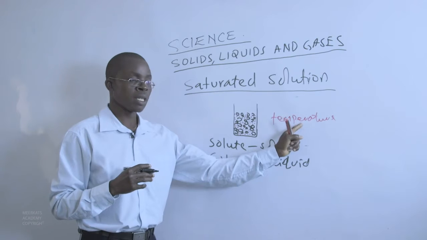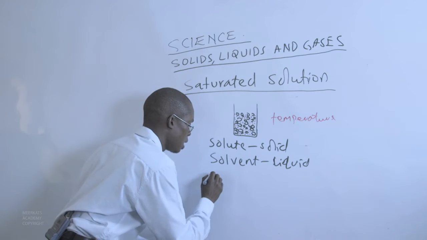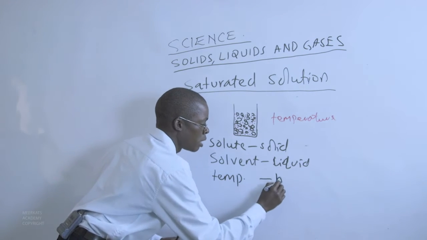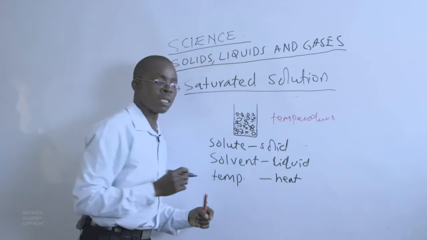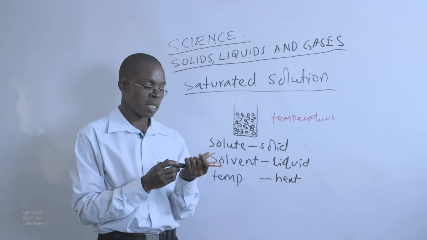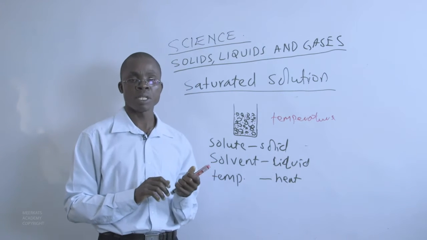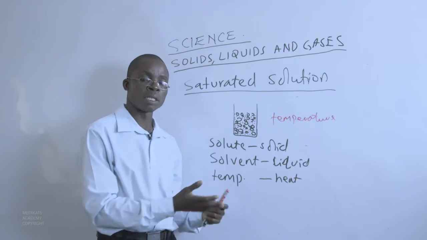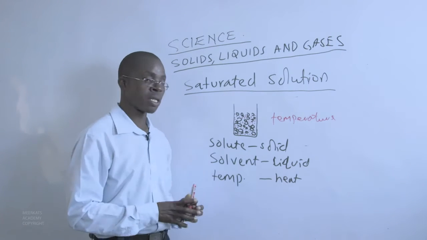Now we have added in something else: at that particular temperature. And temperature here, we are talking about just heat, because heat energy and temperature are one and the same. More heat means high temperature. Less heat means less temperature.